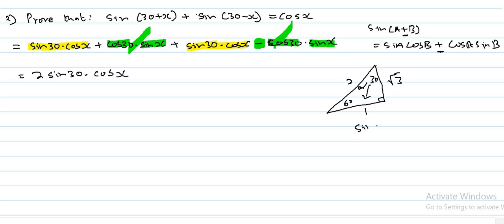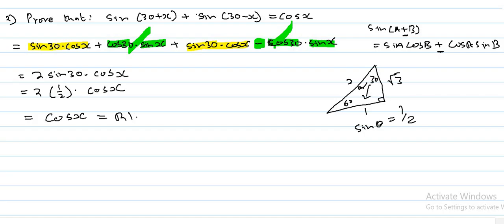So the sine of 30 will be 1 over 2. So you substitute: this is 2 into 1 over 2 multiplied by the cos of x. 2 multiplied by 1 over 2 is 1. So this is the same as the cos of x, which equals the right hand side. You are done with number 2.